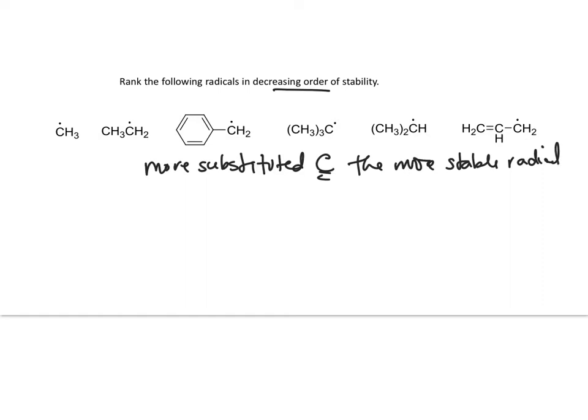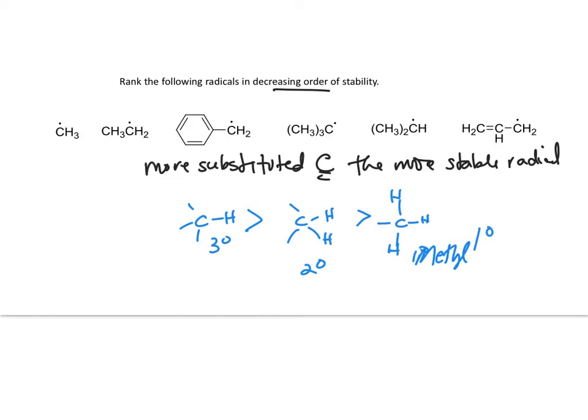This means a tertiary radical is going to be more stable than a secondary, which is more stable than a primary, which is more stable than a methyl. So if you increase the number of carbons that are bound, then you increase your stability.